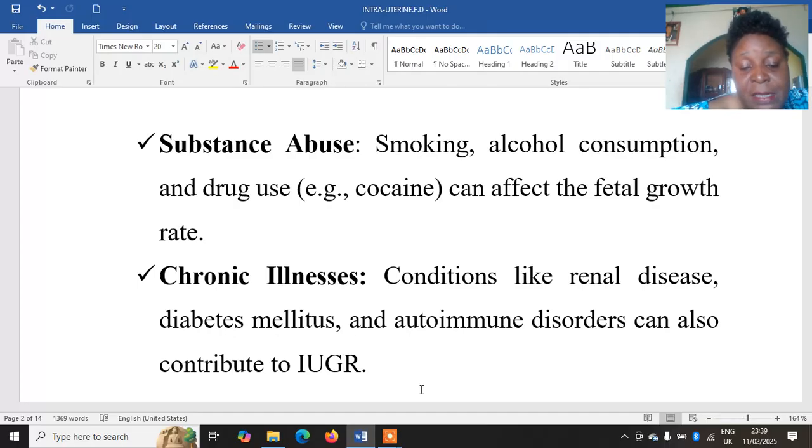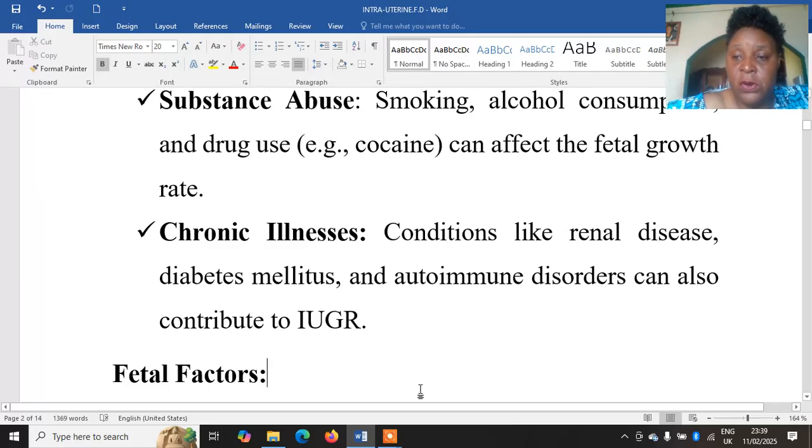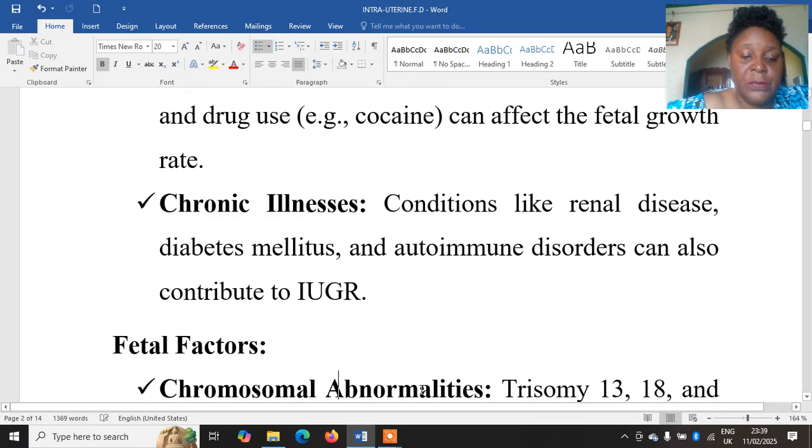As earlier said, any problem which is affecting the mother, any condition, here we talk about things like renal diseases, diabetes mellitus, autoimmune disorders, all these conditions lead to intrauterine fetal growth restriction.